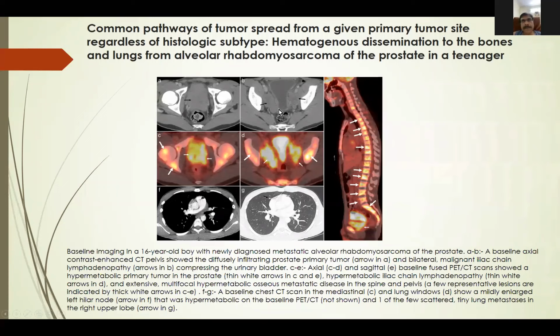Here is the primary tumor involving the prostate, then these locoregional nodes, and this patient has extensive bone metastatic disease, and these nodes ultimately have spread to the lung. There are nodes in the mediastinum. So regardless of the histology and the age of the patient, the pathways of spread are the same.